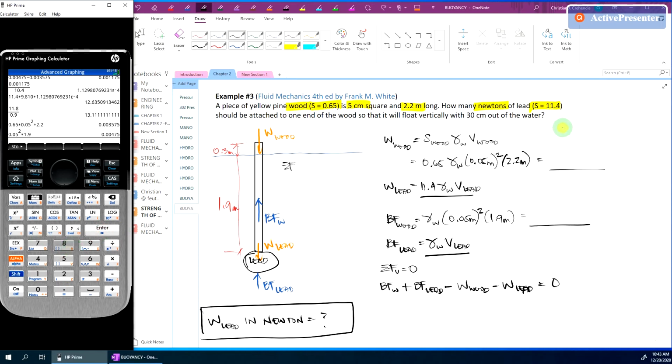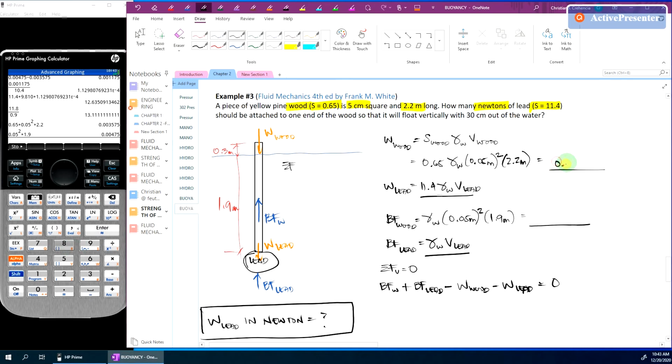Okay, so this is 0.3575. This is cubic meter, no? Kasi volume to. Dito siya nanggaling. Ito walang unit. Multiplied by the unit weight of water. Okay. Then dito naman, sa buoyant force ng wood, so we have 0.00475. This is also volume multiplied by the specific weight of water.